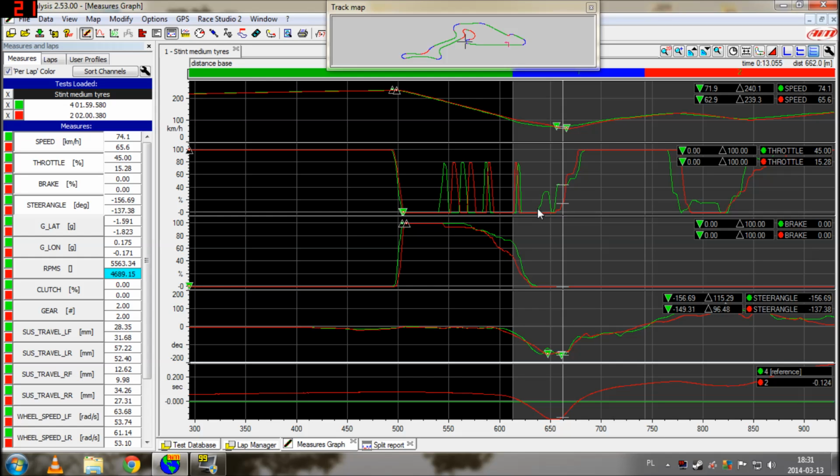Okay, and what happens? We exit turn number 1. Look that I'm faster on the throttle, or I start applying the throttle faster on the green lap, but then I release the throttle fully, I think. Yeah, fully.